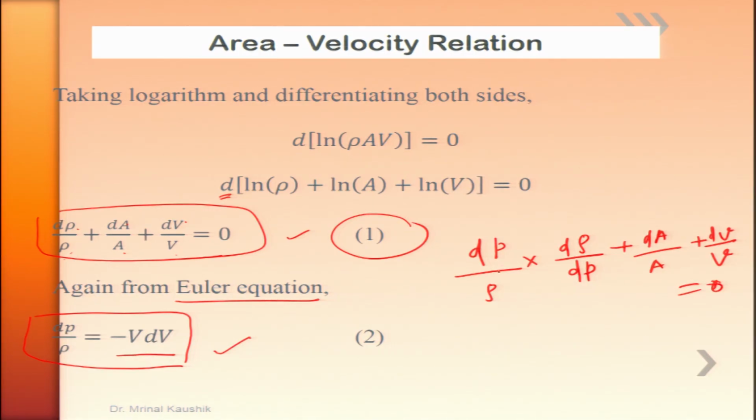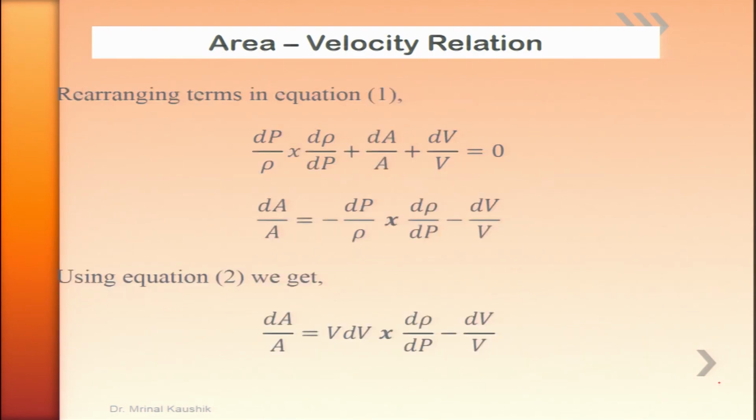Now, since dP by rho is minus V dV, we can insert minus V dV into dP by d rho by dP plus dA by A plus dV by V is equal to 0.